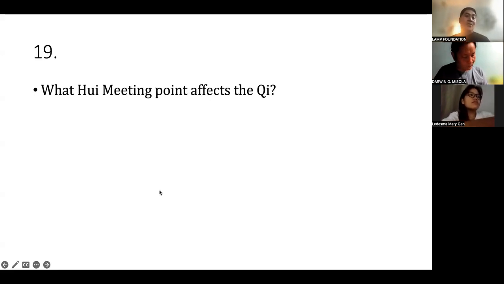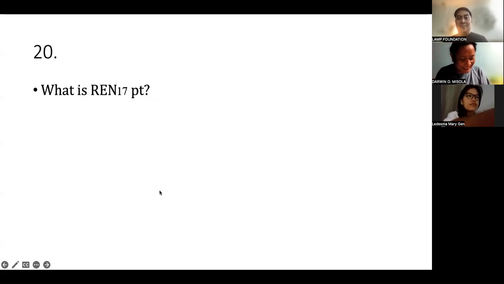Number 19, what Hui-Meeting point affects the qi? REN 17. Very good. Matagal mo sinagot. Para kang stress. Okay. What is REN 17?